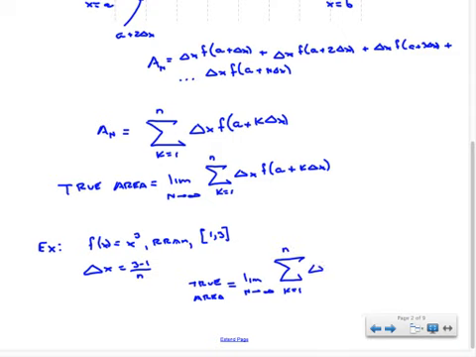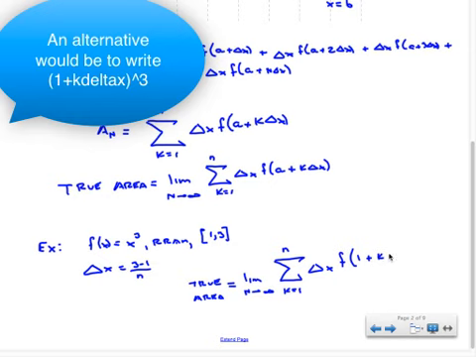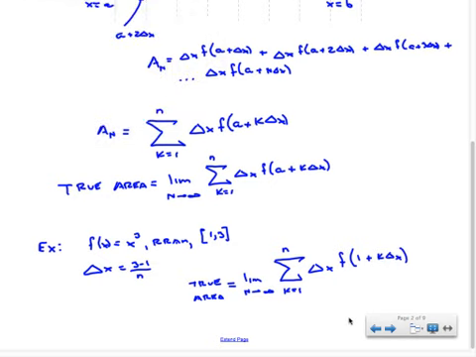We have defined delta x already. That's good. And then our f is x cubed, so I can still write f if I want. F of, in this case, a is 1 plus k delta x. And as long as we tell the calculator what all these symbols stand for, it will actually calculate this area.